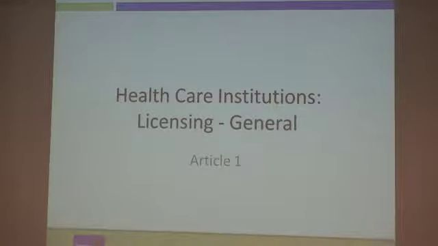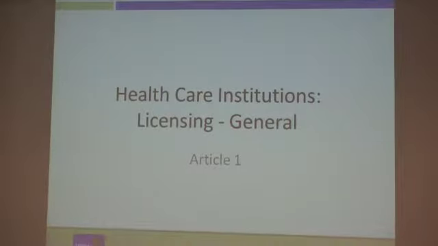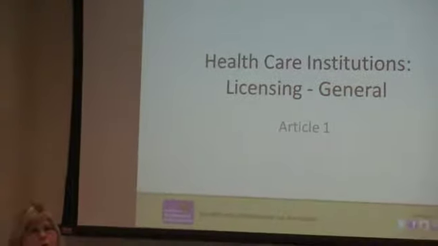All right, so a little bit about Article 1, and we kind of talked a little bit about that. Article 1 is basically the general rules that go over all healthcare institutes, and basically they revamped those because they wanted to integrate physical and behavioral health, regulatory consistency, and a focus on health and safety, okay.